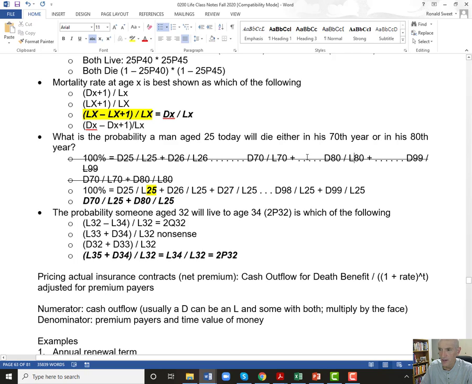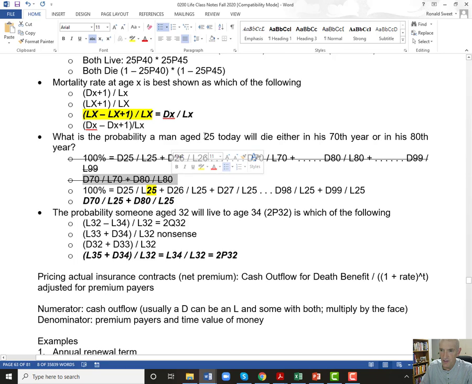And we know that because we know D99 over L99 is by itself 100%. So to get the 100%, you have to do D25 over L25 plus D26 over L25 plus D70 over L25. That would add up to 100%. So if you keep it as L25, you get the right answer. That's why this one's not correct.